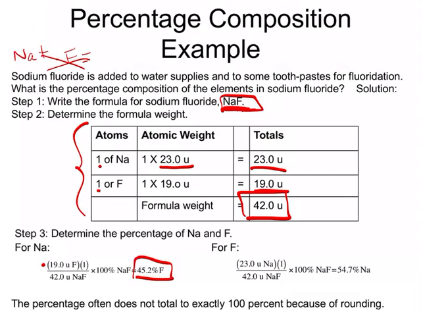They have this backwards, see how this says 4 sodium and then they've got 19 units for fluorine? I don't know, that was weird, but oh well. This is for fluorine. So about 45% of the compound is fluorine, and then about 54% is sodium. I don't know why this says 4 fluorine and then it gives you sodium right there. Weird. Oh well.